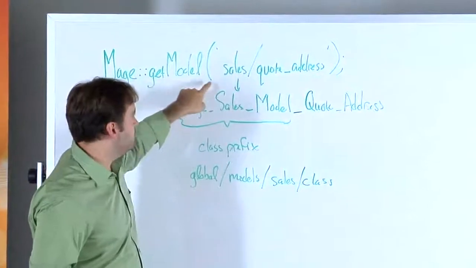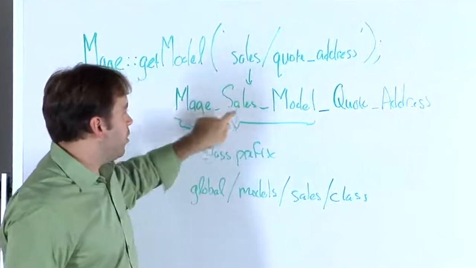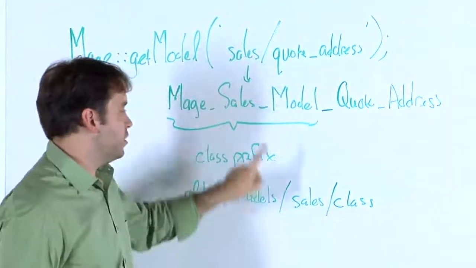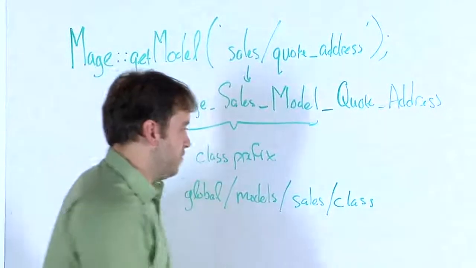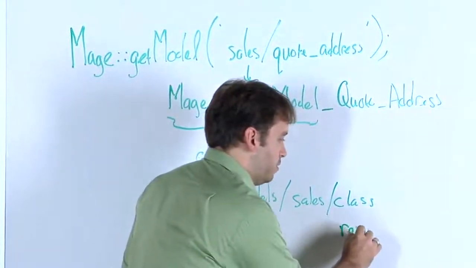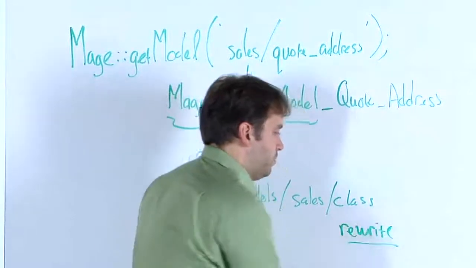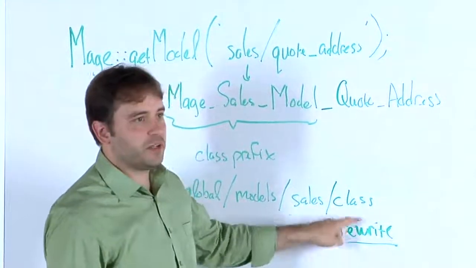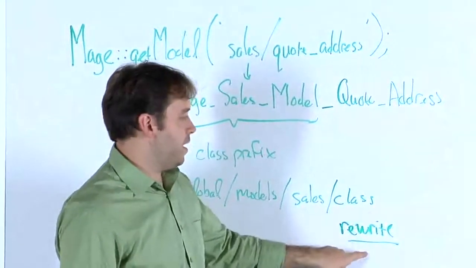We use the factory method because what happens before Magento looks in the class node is it looks to see under sales if there's a rewrite node. So these two sibling nodes, and looks at the value there.